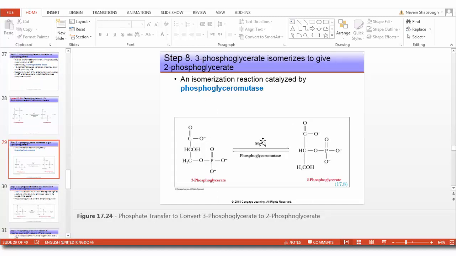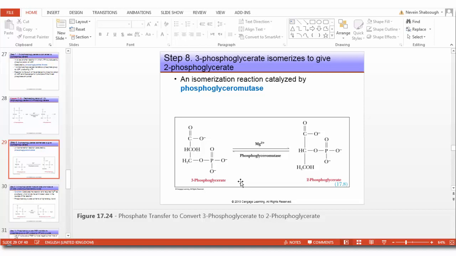Step number 8, where 3-phosphoglycerate isomerizes to give 2-phosphoglycerate. Now the enzyme phosphoglyceromutase, as you can see here, catalyzes the isomerization reaction where this phosphate group is transferred from carbon 3 to carbon 2, and it requires Mg2+.